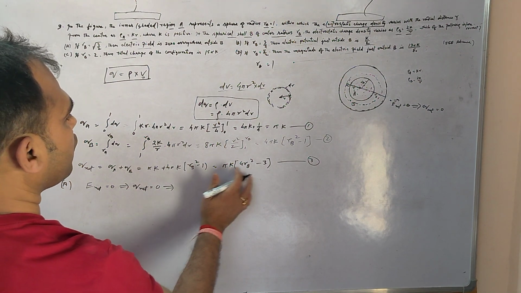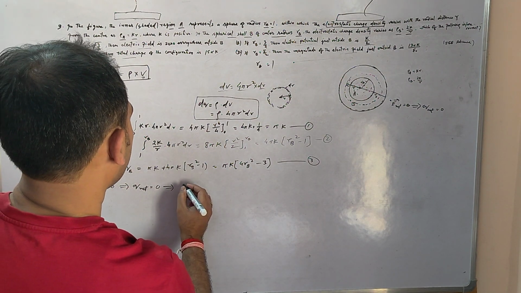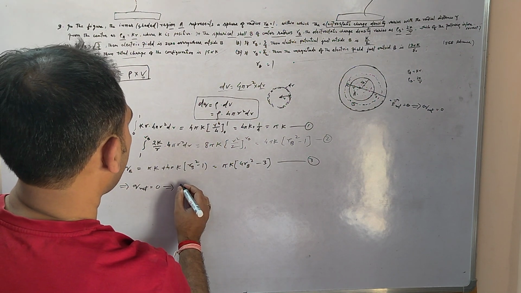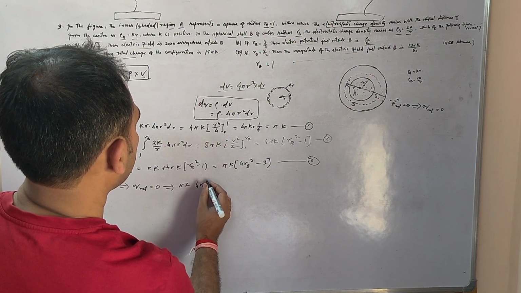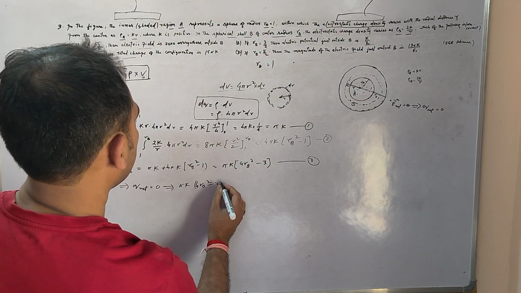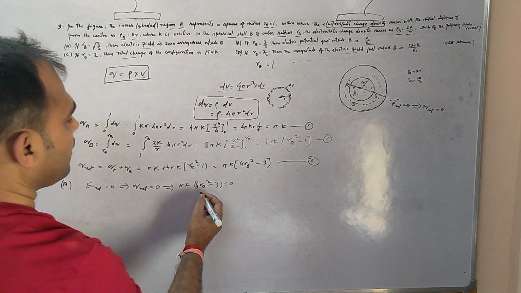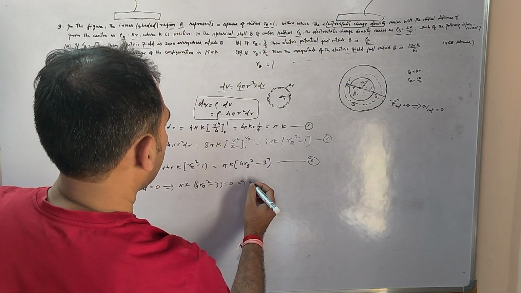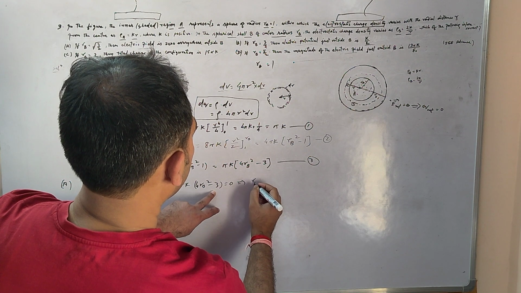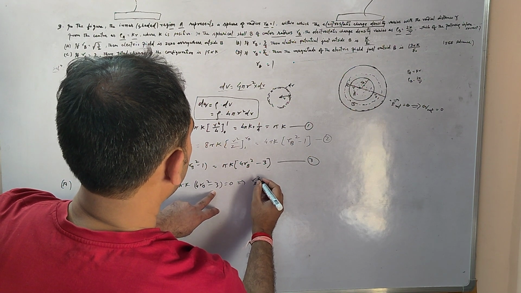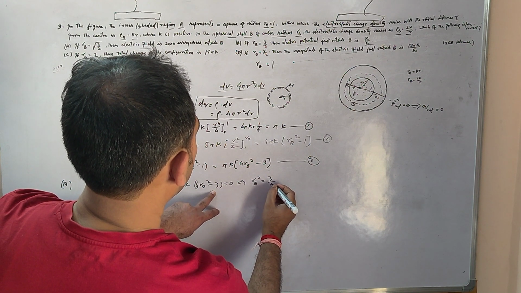So put the value of Q net, pi k times 4 RB square minus 3. This will be 0, meaning 4 RB square will be equal to 3, or RB square will be equal to 3 by 4.